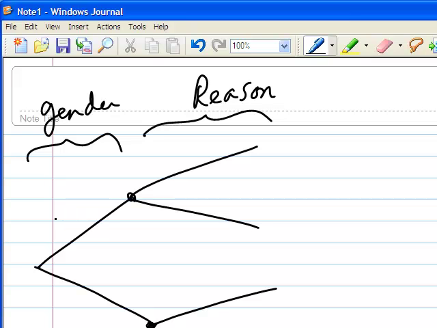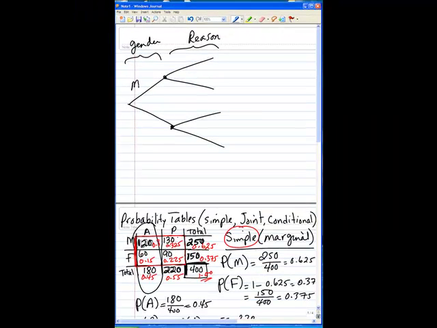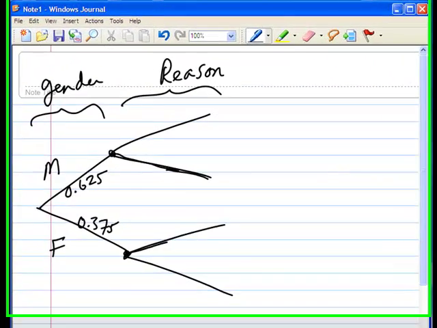So if I were to start with male and female, the probability of male we computed to be 0.625, and the probability of female is the complement of it, 0.375. So these two should always add up to 1 because those are all the possible outcomes of this event, gender. Now, the second set of probabilities that we diagram right here are conditional probabilities.